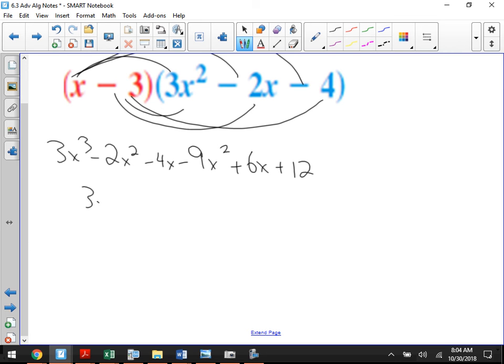So we have 3x cubed. And again, a lot of times when I do this, I cross off what I've done. The other thing that I do when I have them in a string going horizontally, when I go to see what's next, I underline. So I have negative 2x squared and negative 9x squared. When I put those together, I get negative 11x squared, and then I cross them off.